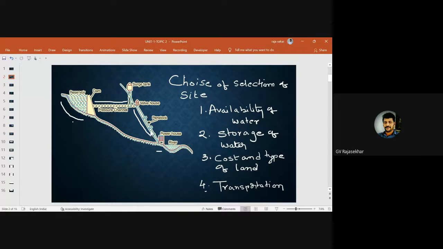The first equipment is penstocks. Penstocks are cylindrical shaped objects which carry water from the tank or reservoir to the powerhouse. A very important part of the hydropower plant is the penstock.